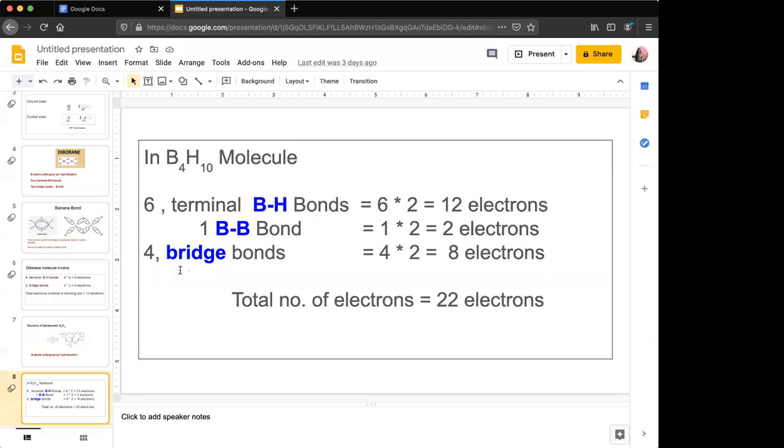And there are 4 bridge bonds, BHB bonds, so 4 multiplied by 2, 8 electrons. So the total number of electrons involved in the bonding is 22 electrons. So in tetraboron, there are 22 electrons taking part in the bond formation. And the rest of this tetraboron molecule, we will continue in the next lecture.